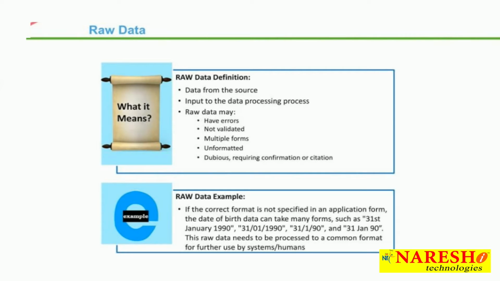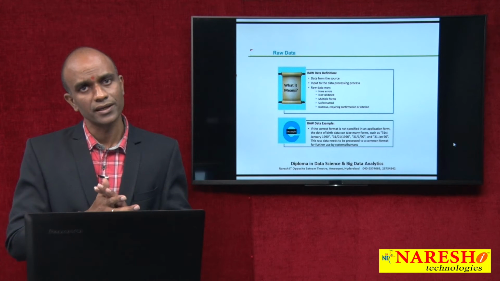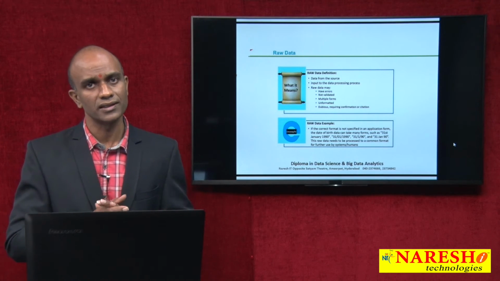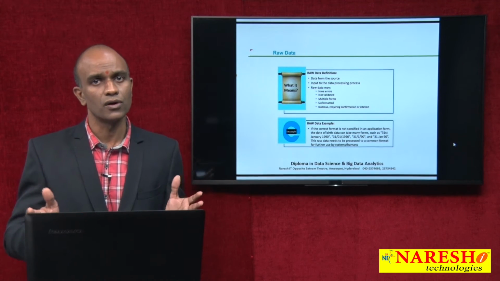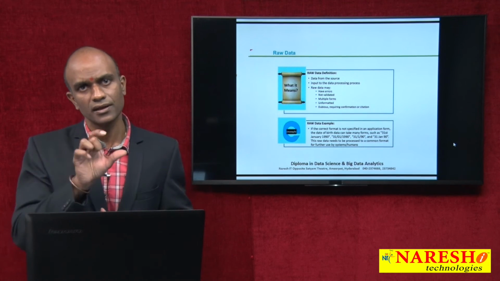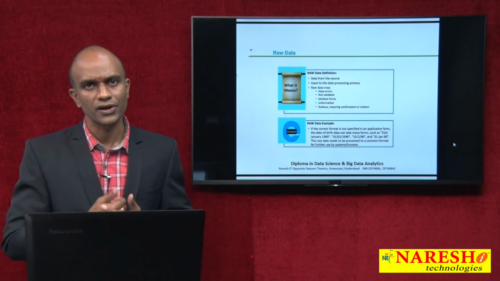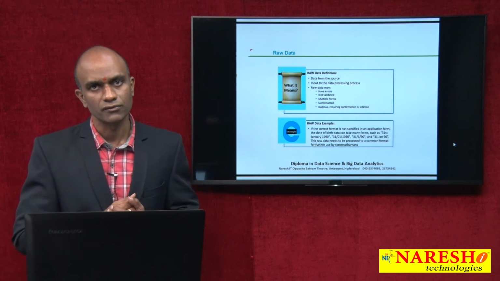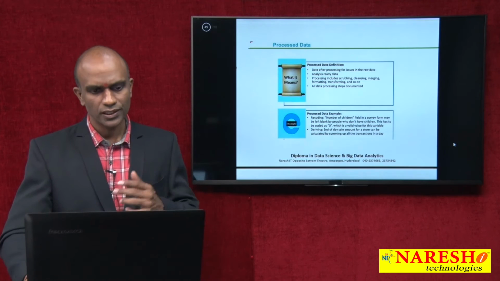So this is all raw data. As they collect it without any standard procedure, whatever they collect is referred to as raw data. But if we try to plug this into an application, it may not accept the different forms of data. It may try to standardize it. That is what we mean by cleaning and transforming the data into a certain format, guys. Okay, so that's a quick touch of raw data.